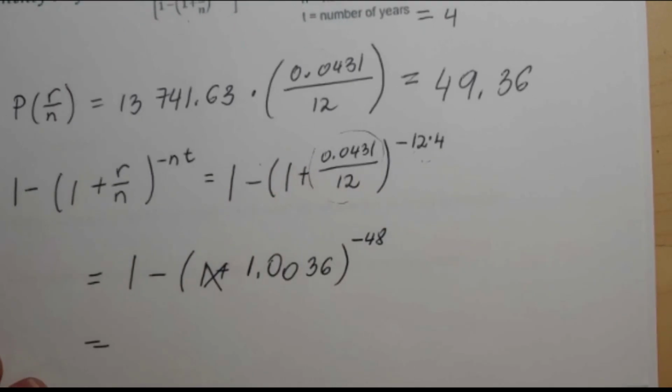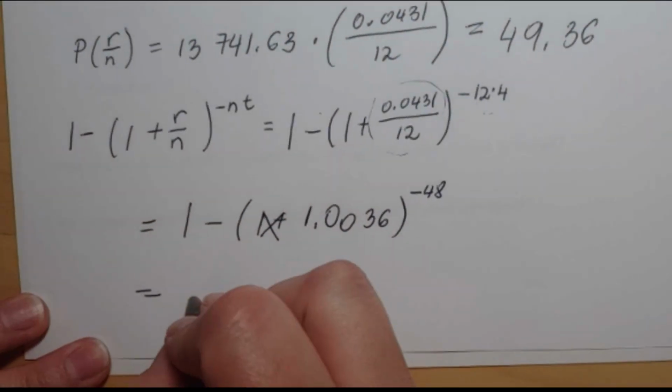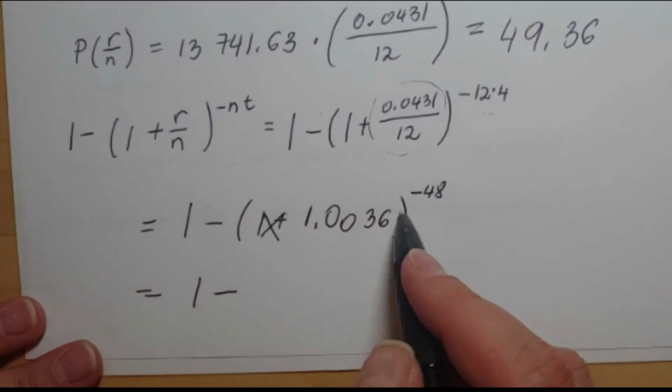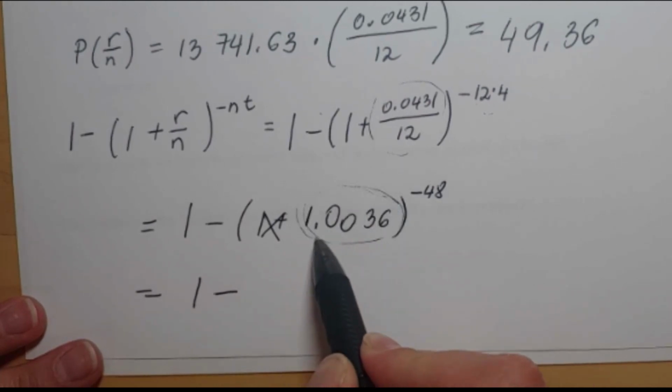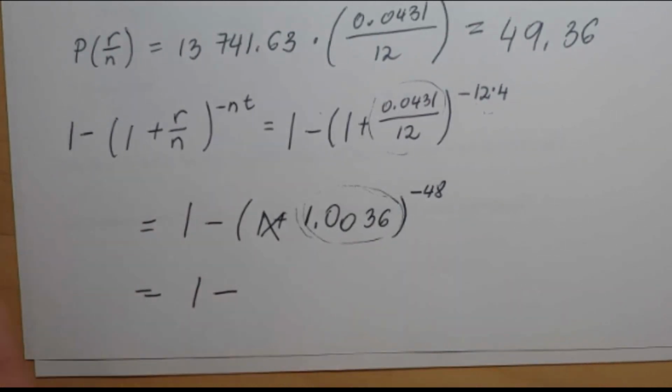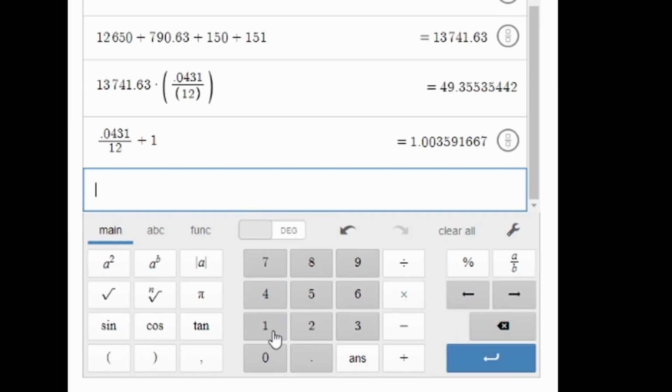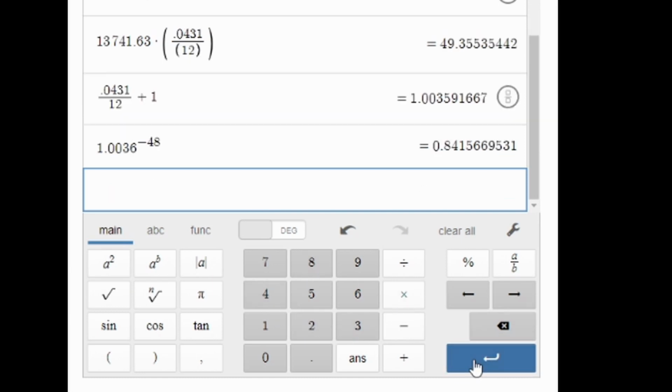Okay, and that is really 1 minus what? I'm going to take this and take it to power of negative 48. I'm going to take 1.0036 and I'm going to take it to the power of negative 48. Okay, 0.842.